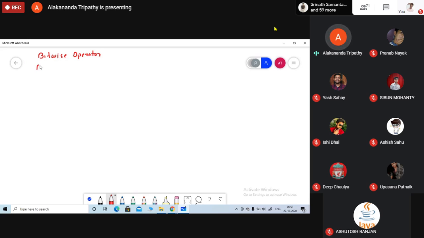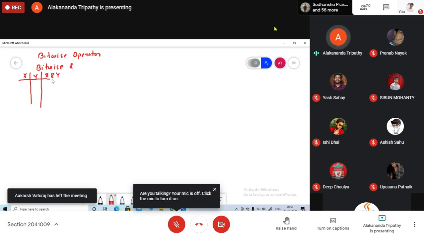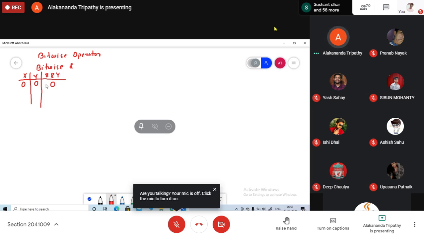First we are having the bitwise AND operation. Does anyone have a doubt on bitwise AND? X and Y, so this is my truth table. If both the values are 0, the output will be 0.